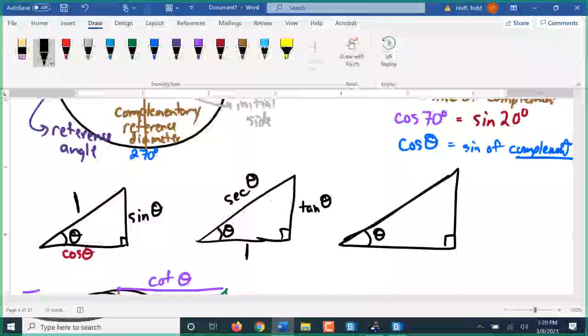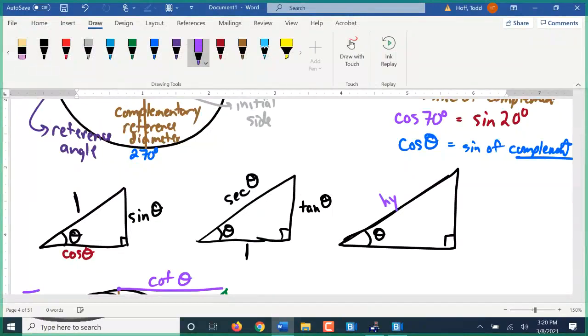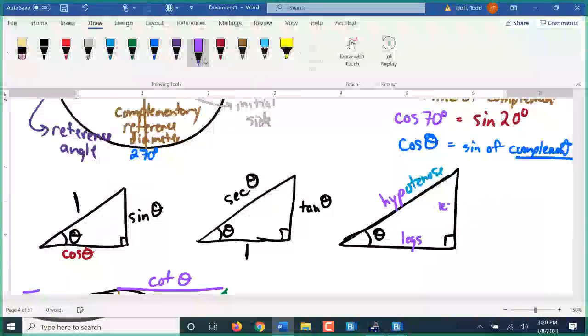And we're going to name the sides of this triangle. This is the hypotenuse, right? Don't need to really give that a special name, it already has one. We're going to call it HYP for short. The other two sides were called legs. Well, to distinguish between the legs, we're going to give them a special name.